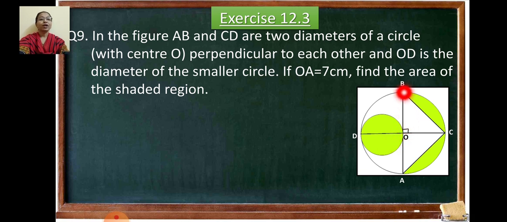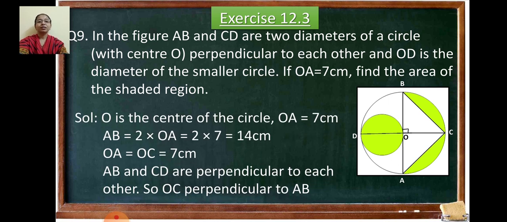We will also find out the area of this bigger semicircle, and from that semicircle we will subtract the area of triangle, so that you will get these two segments area. Then we will add this circle's area plus these two segments area, right? So let us proceed.